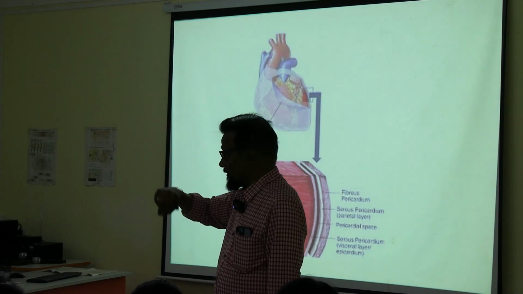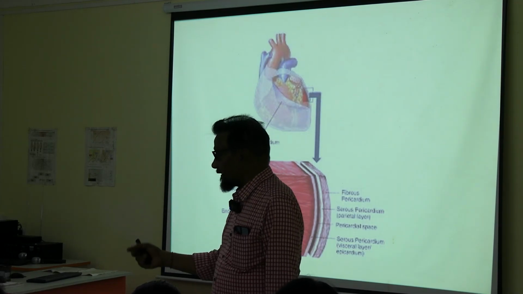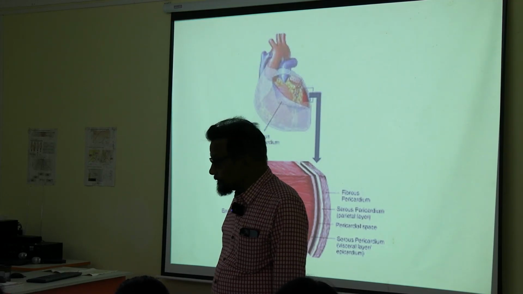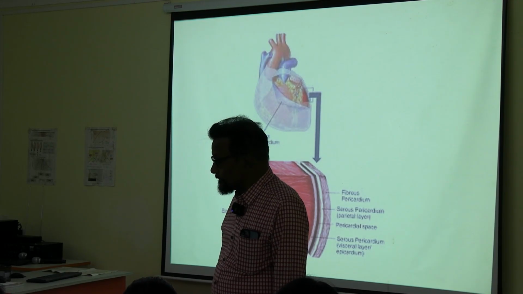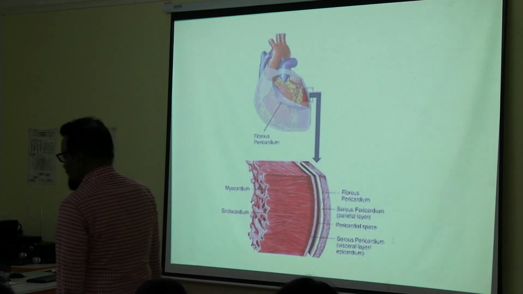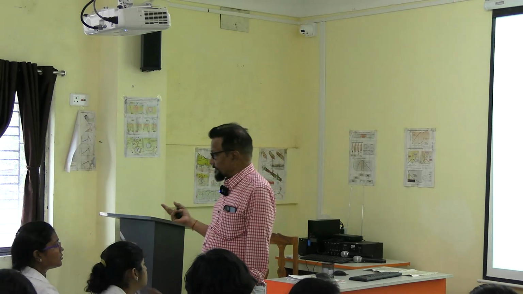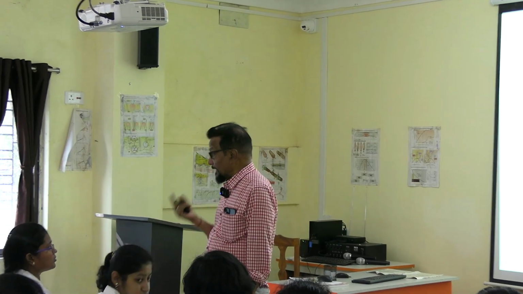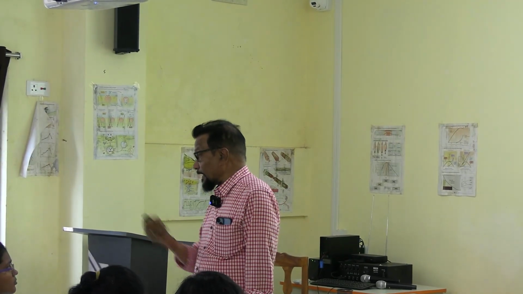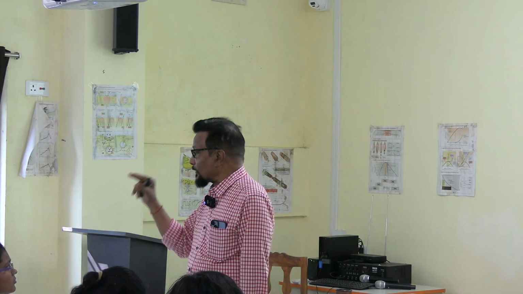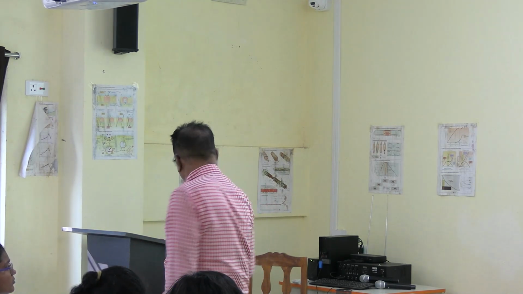If too much fluid is accumulated, then the pericardium may be damaged, or the heart may be damaged on its outer surface. From there, fluid or blood will enter the pericardium, and the accumulation of fluid will be much more.